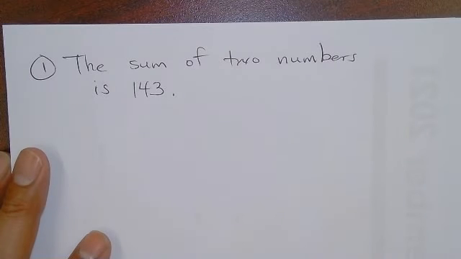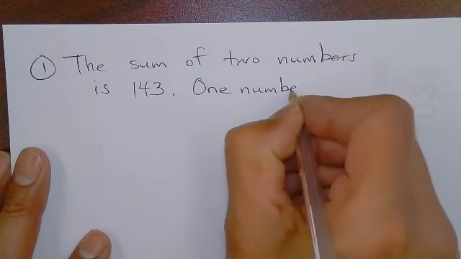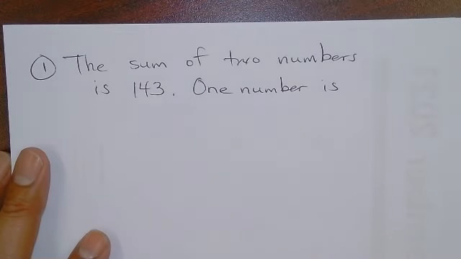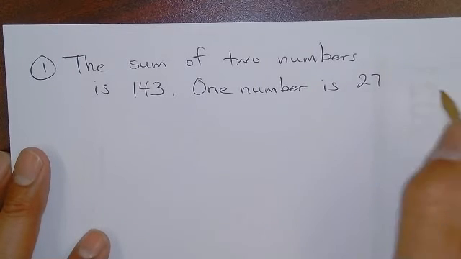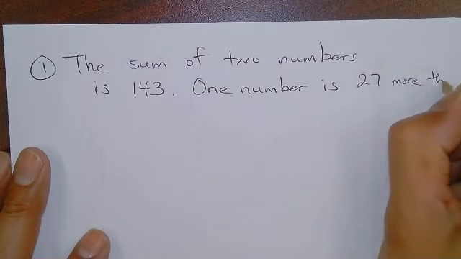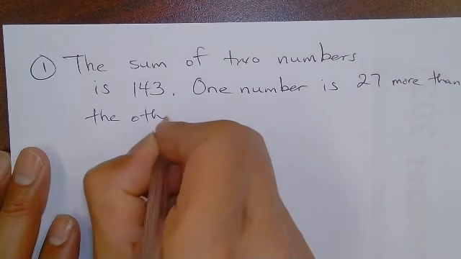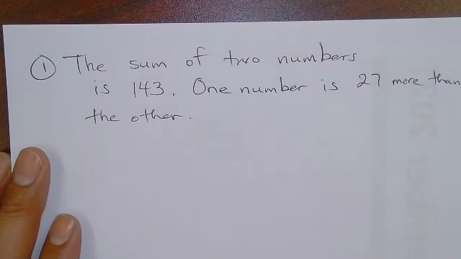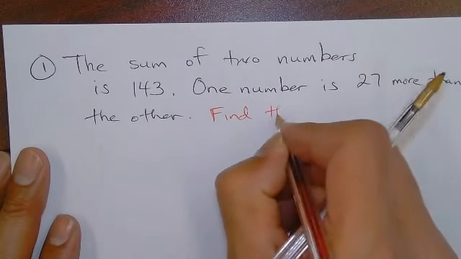The sum of two numbers is 143. One number is 27 more than the other. Right? Find the numbers.